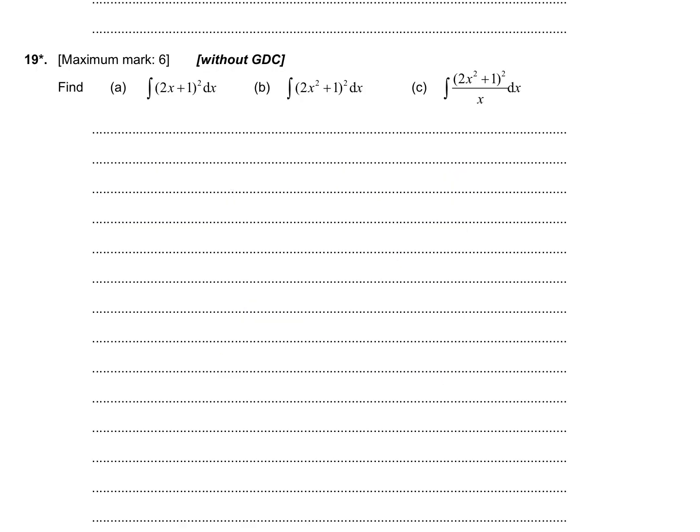All right, so for 19, we are going to add 1 to the exponent, divide by that thing, as well as the derivative of the inside. For b, same idea here: add 1, divide by that thing, times the derivative of the inside.